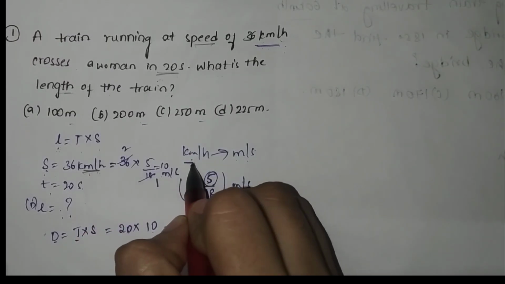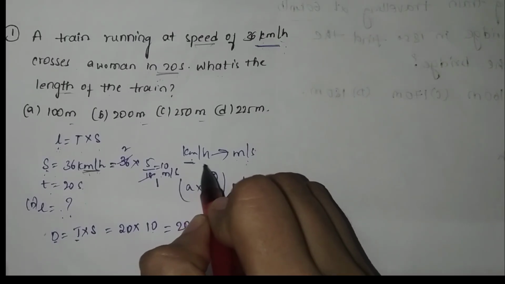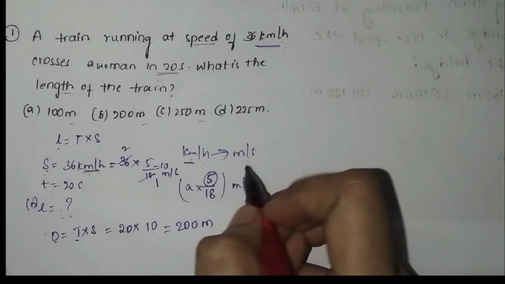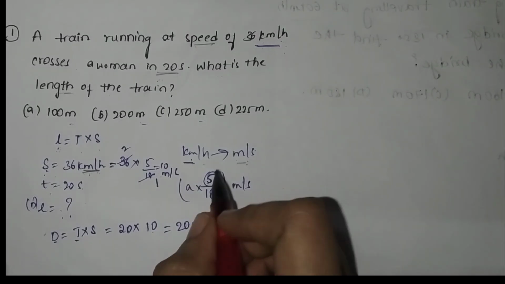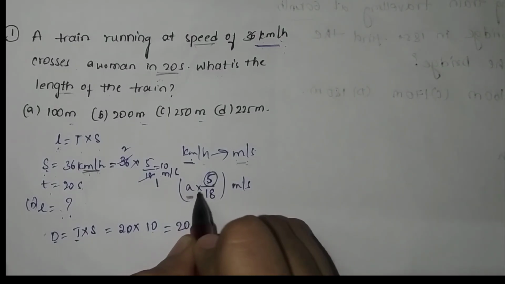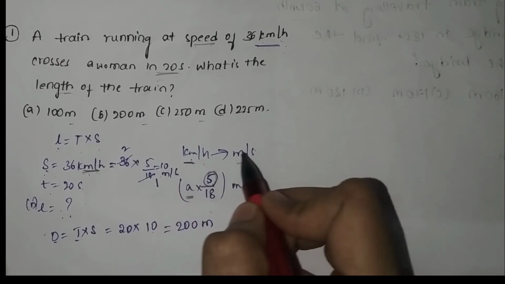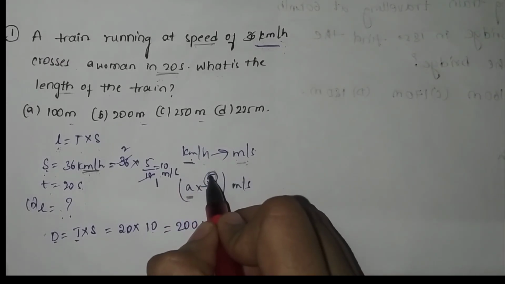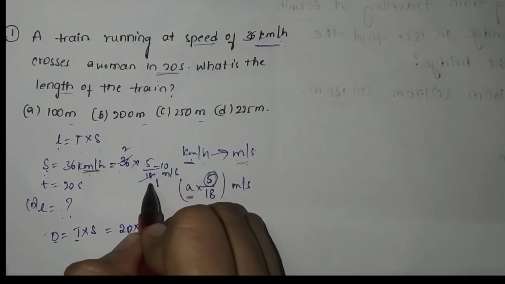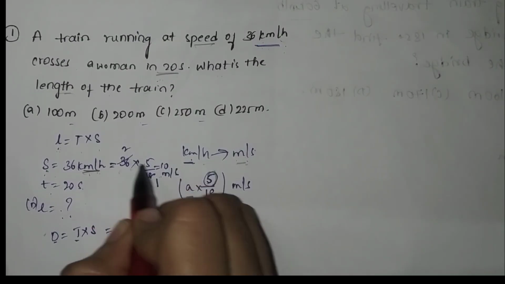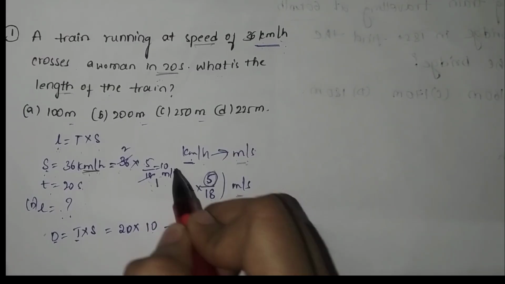Larger to smaller means we multiply the given number by the small value, 5 by 18. So 36 into 5 by 18. In the 18 table, 18 one time, 36 two times. 2 fives are 10.